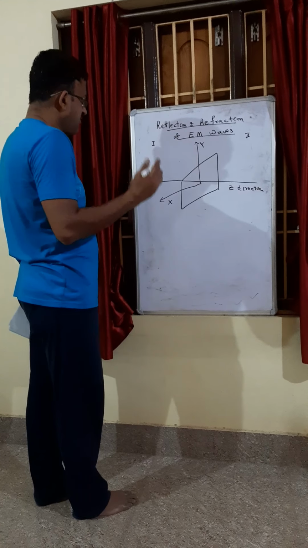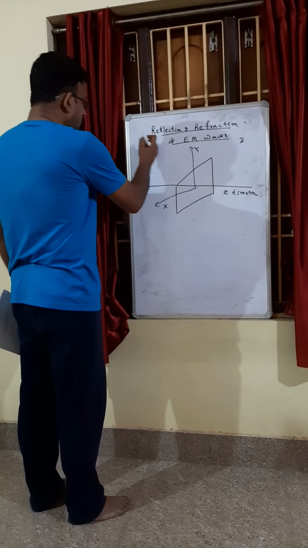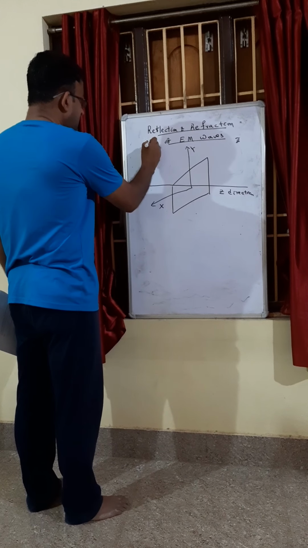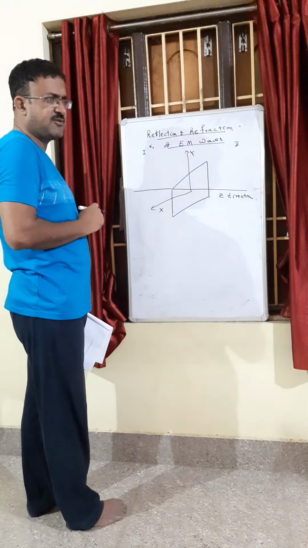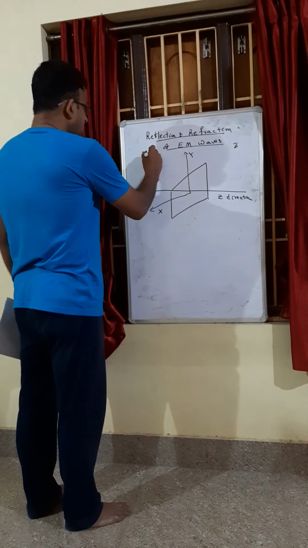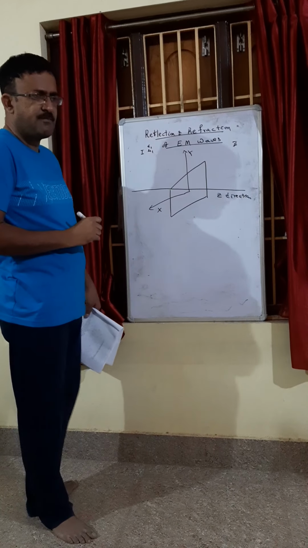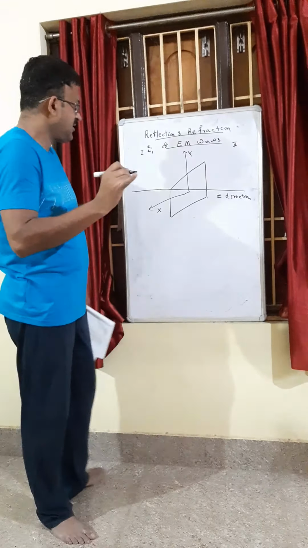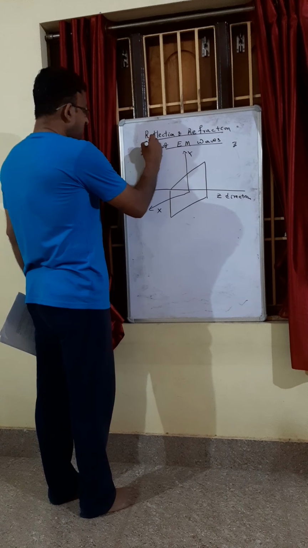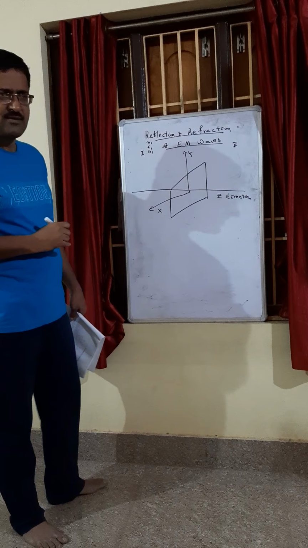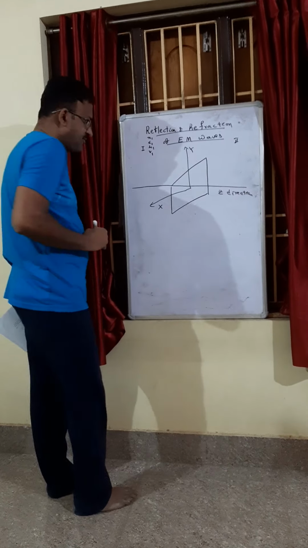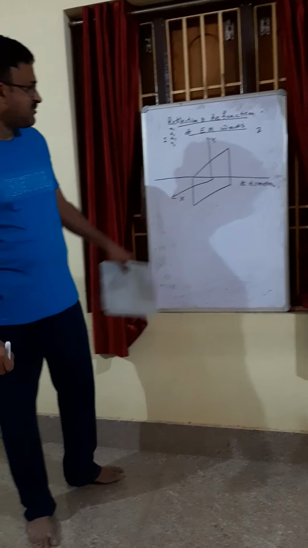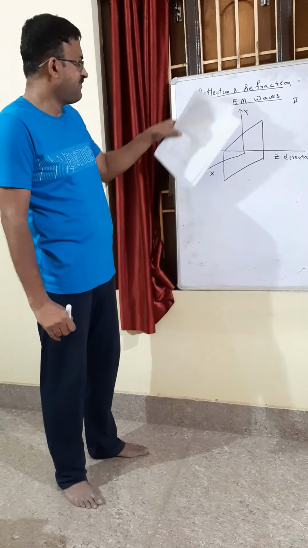So for medium 1, those parameters are epsilon 1, that is the permittivity of medium 1, mu 1, the permeability of the medium, the refractive index for this particular medium, and the speed of the electromagnetic wave in this medium.